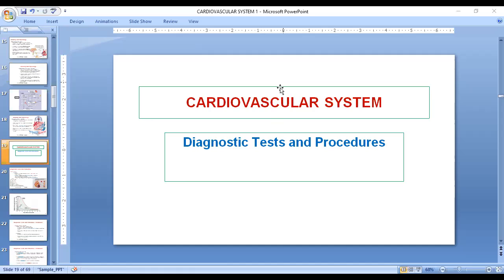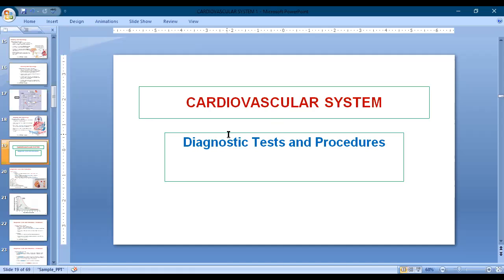All of these tests together we call diagnostic tests for cardiovascular disease.